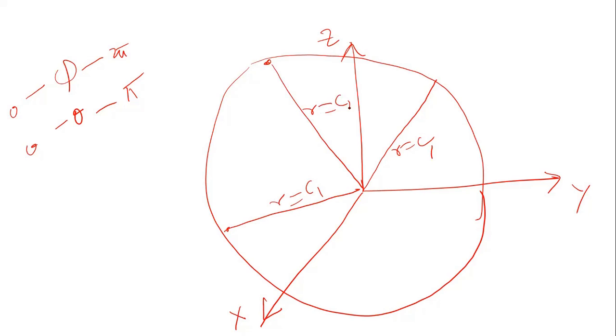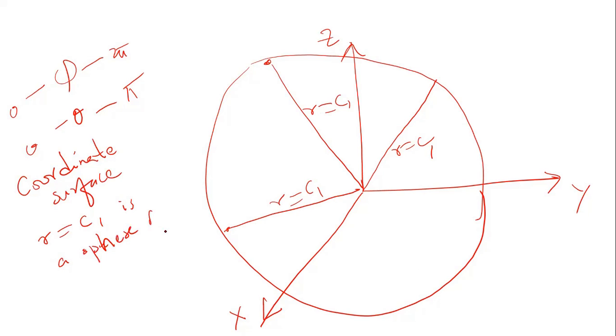So the coordinate surface corresponding to r equal to c1 is a sphere of fixed radius.